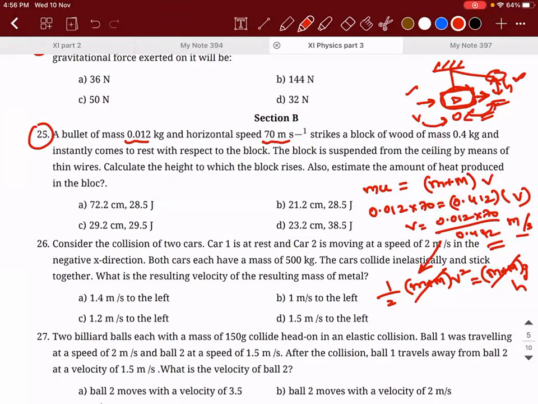No, sir. Energy loss has taken place only after the bullet has entered and come to a halt. Correct? So basically it's half v square plus 0 is equal to gh plus 0, the total energy only. But here, instead of taking the mass of the bullet, I should take the mass of the bullet plus the mass of the block.